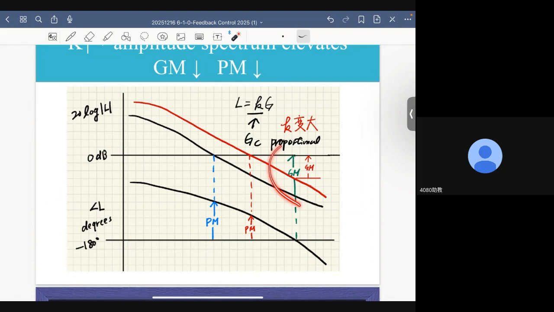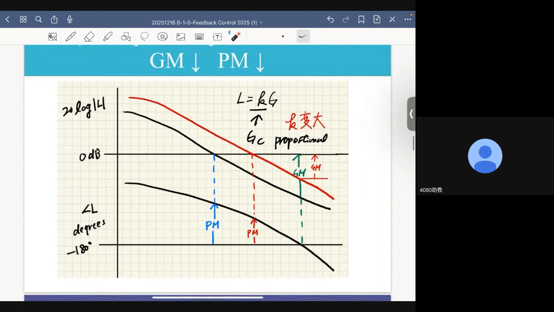Similarly, to determine gain margin, I need to go to the phase response and determine the so-called phase crossover frequency, okay? I go to the frequency response and see what frequency it is when the phase is minus 180 degrees. And then I go up to the magnitude plot to see how far away the magnitude is from 0 dB. And this difference is what we call gain margin.